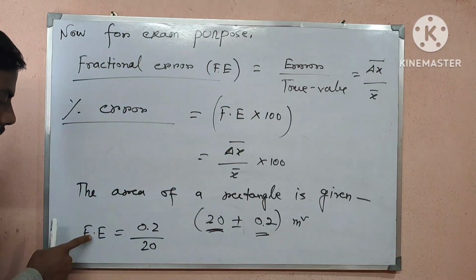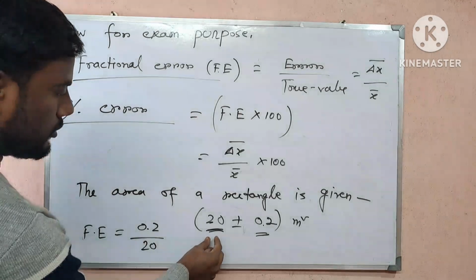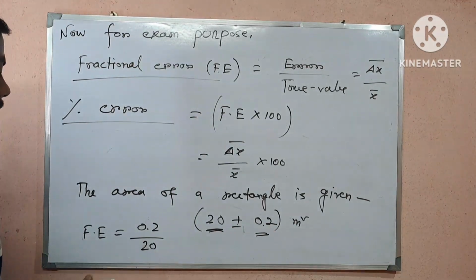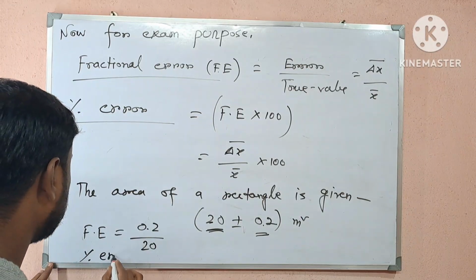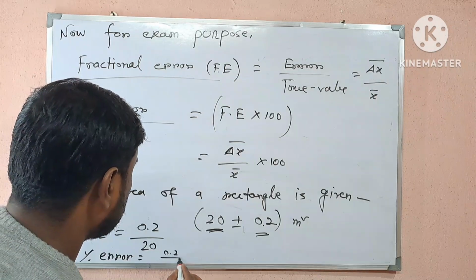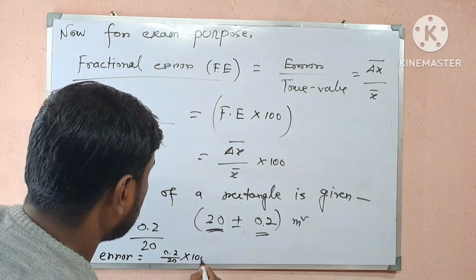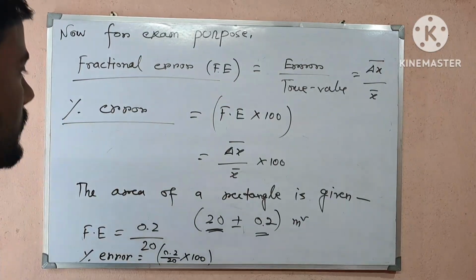Okay. So the fractional error will be 0.2 divided by 20, because 20 is the actual value and 0.2 is the error. Now to find the percentage error, we just have to multiply this 0.2 divided by 20 with 100. This is basically called the percentage error.